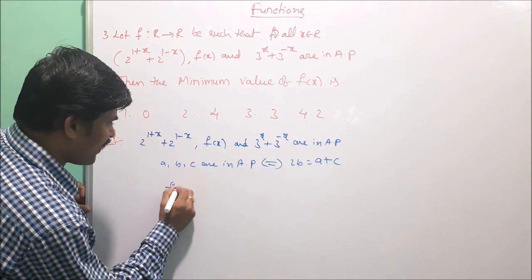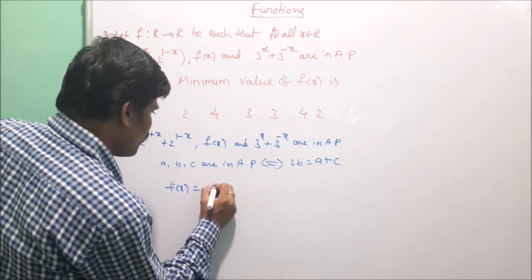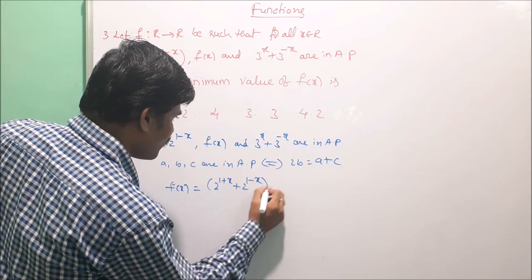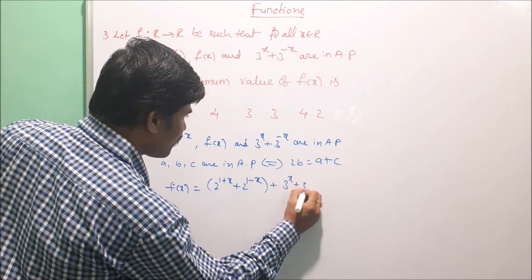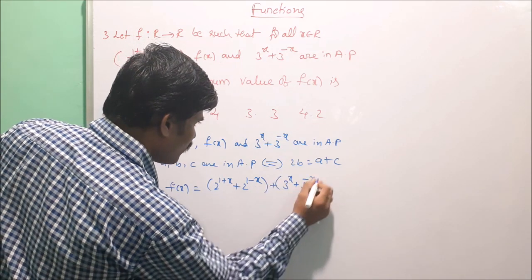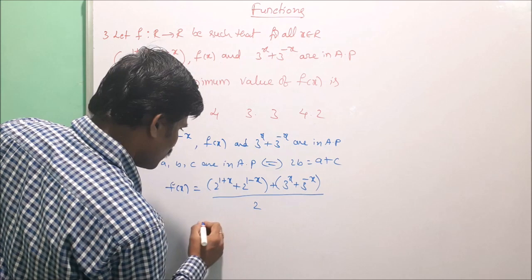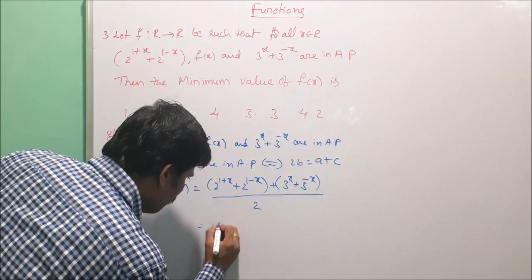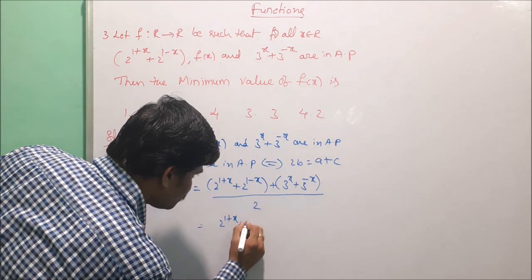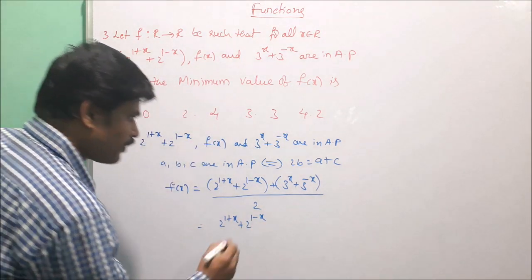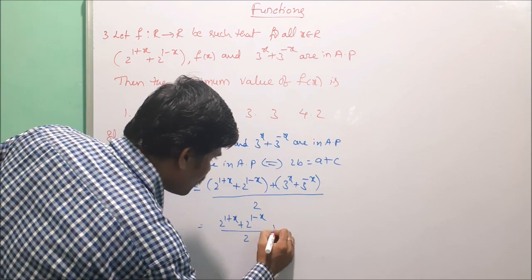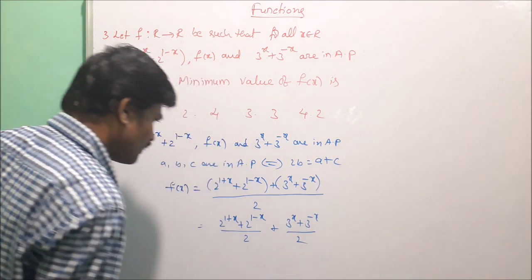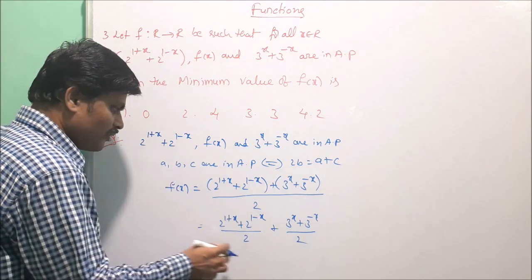Here f of x equals (2 power 1 plus x plus 2 power 1 minus x plus 3 power x plus 3 power minus x) whole by 2. Now it can be written as (2 power 1 plus x plus 2 power 1 minus x) by 2 plus (3 power x plus 3 power minus x) by 2.